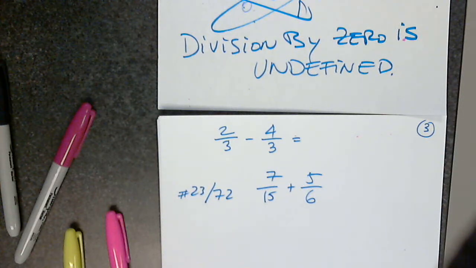Let's see how we do this. 1 minute. Which one are we solving? The first one or the second one? No, the first one first. Okay, I'm watching. Awesome. We're doing the first one first. 2/3 minus 4/3.